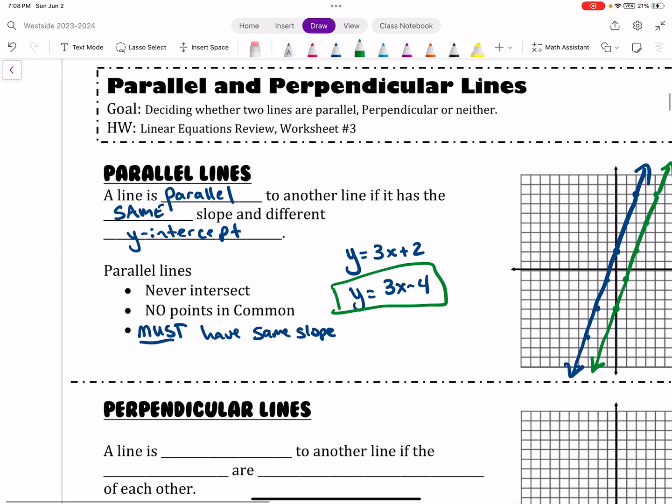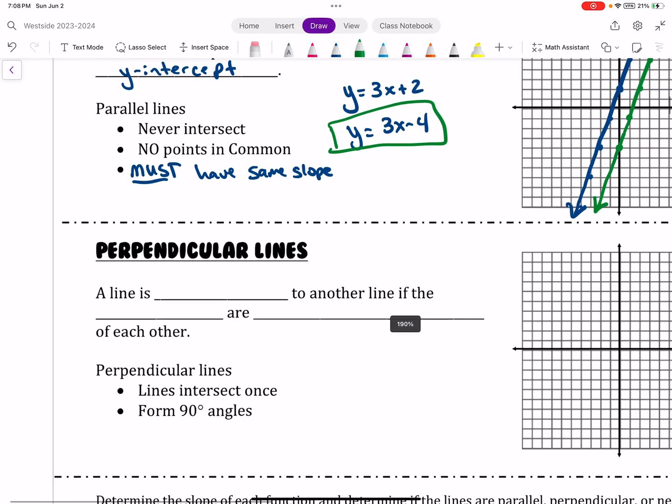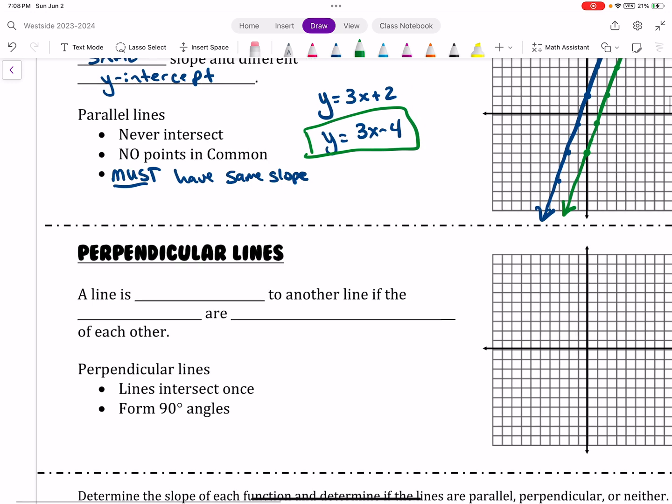The next thing we're going to talk about is perpendicular lines. A line is considered to be perpendicular to another one if the slopes are opposite reciprocals.